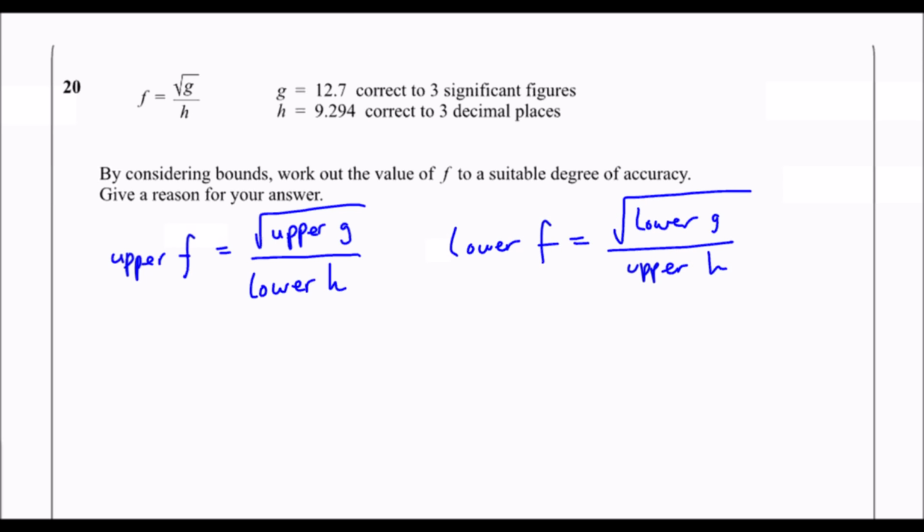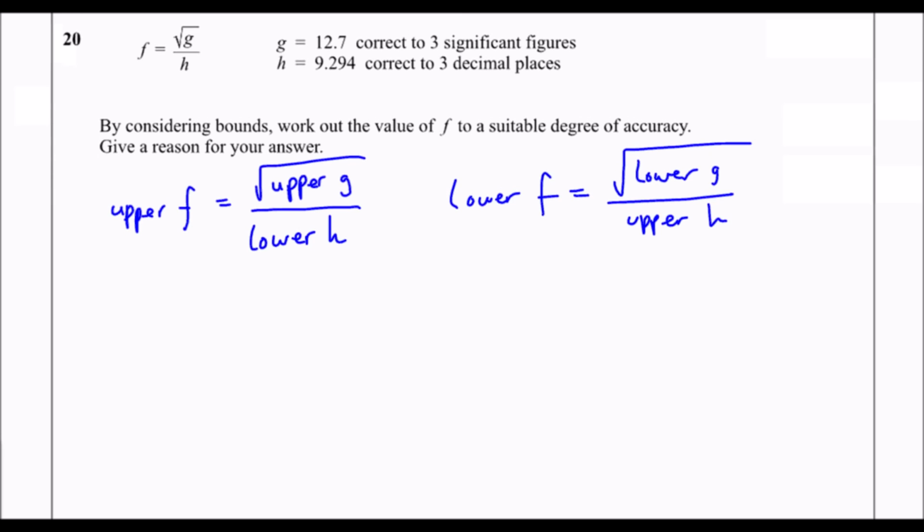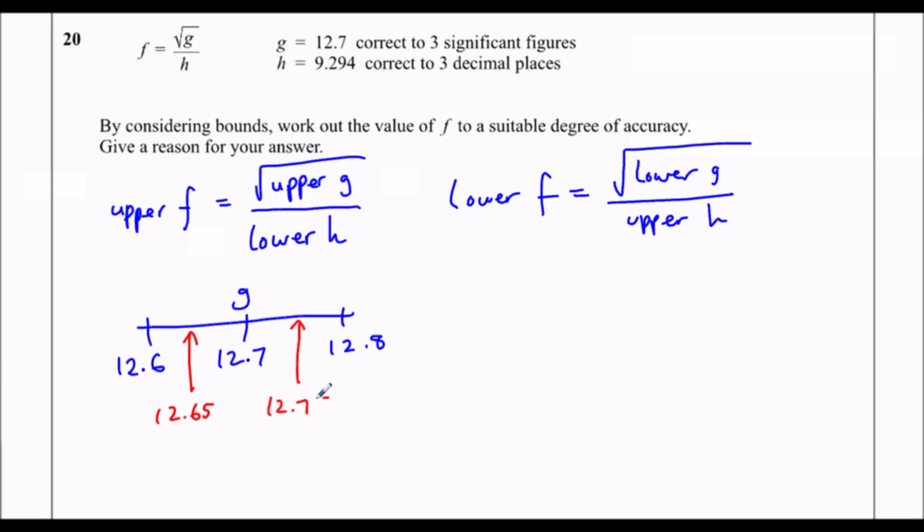So let's work out these bounds. For g, we've got 12.7. With 3 significant figures, the one up is 12.8, the one down is 12.6. So the lower bound is halfway in here, 12.65, and the upper bound is 12.75.